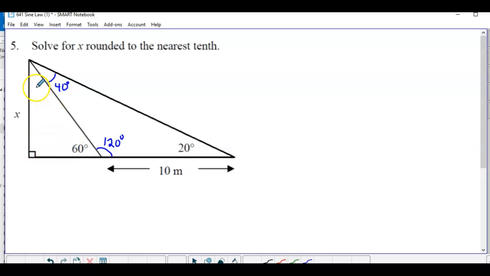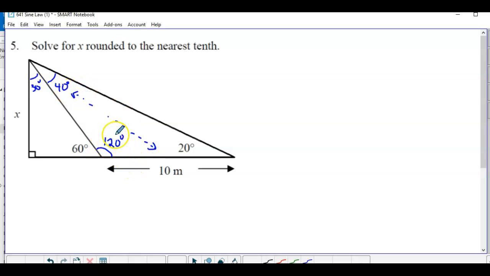And then in here, if we need this one, this angle here would be 30, because that's a 90-degree triangle. Okay, so now look at what we have. We have this side of this oblique triangle, and we know the angle opposite it.